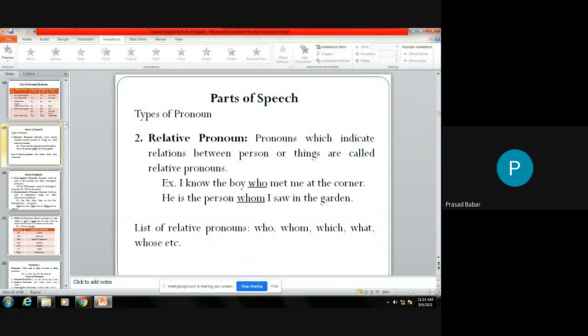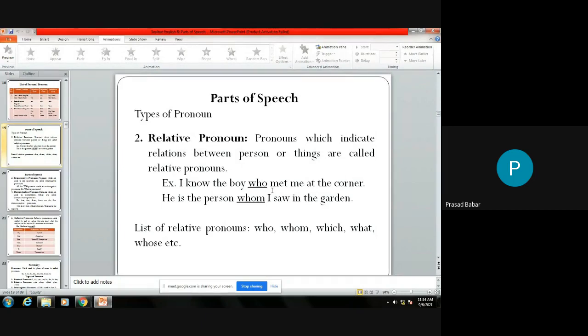This is not a wh question type word. Here this wh word is used as a relative pronoun which relates that boy with the speaker. I know the boy who met me at the corner. So who is the relative pronoun used over here.